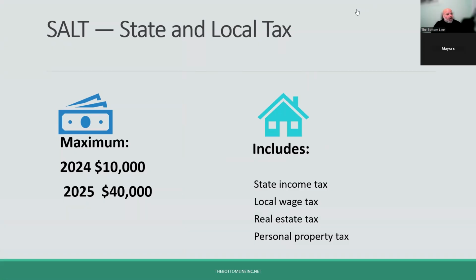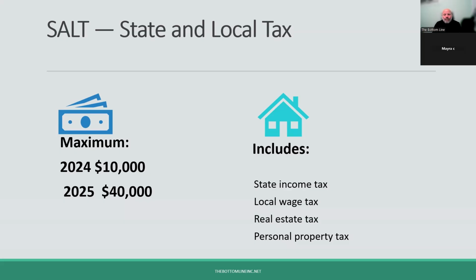What's happening with the SALT tax? It went from $10,000 in 2024 to $40,000 in 2025. And what that means, you can deduct up to $40,000 in 2025 of state income tax, local tax, wage tax, real estate tax, and personal property.